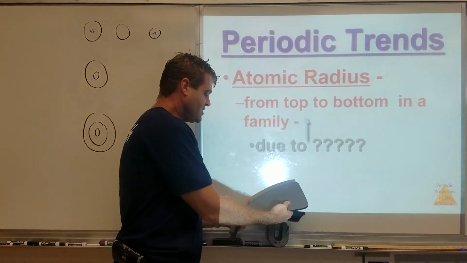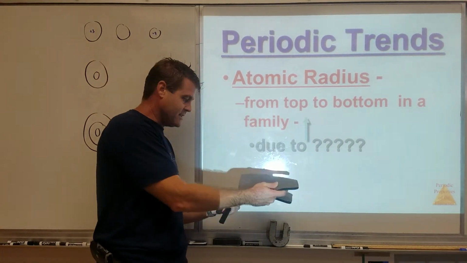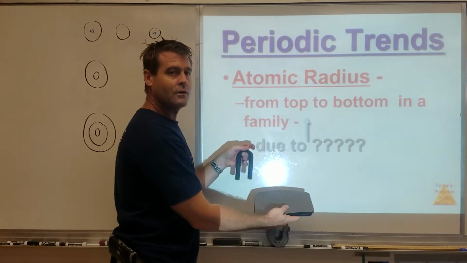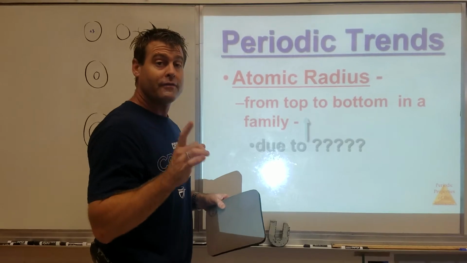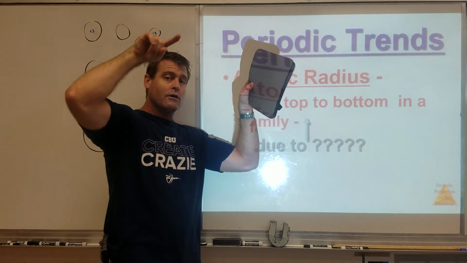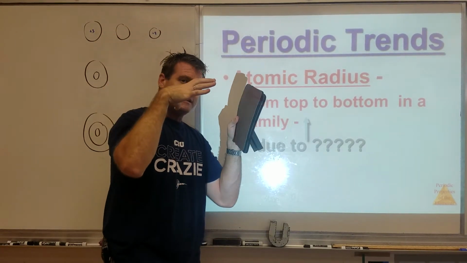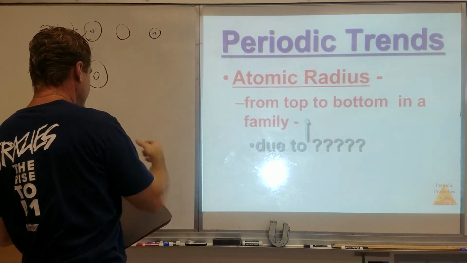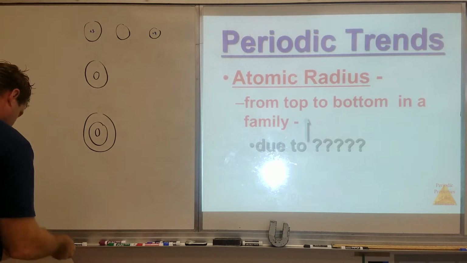Just imagine these are shells. What does that do to the force of attraction? It makes it even less. And therefore, if there's less force of attraction, wouldn't you guys agree that outer electrons are not pulled in as closely? They're freer to move further out, and therefore that would explain why the atoms actually get larger.